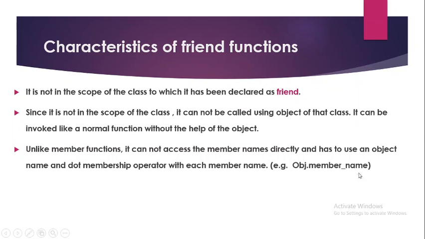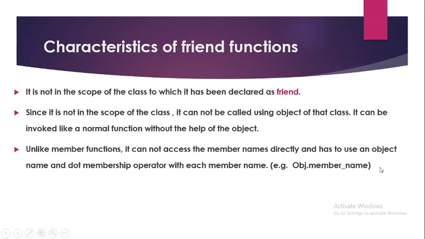If I want to access any member of that class, I have to use the object name, so object name dot member name. Like this I can access the members of the class within the friend function. But what is important? We need to use the object name and dot operator directly. By using the member name alone, we cannot access within the friend function because friend functions are not member functions. These are usual functions which are friends to the class.